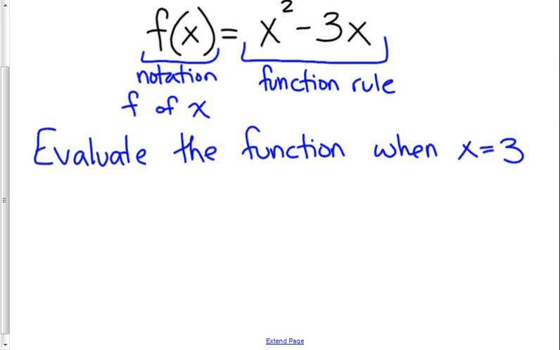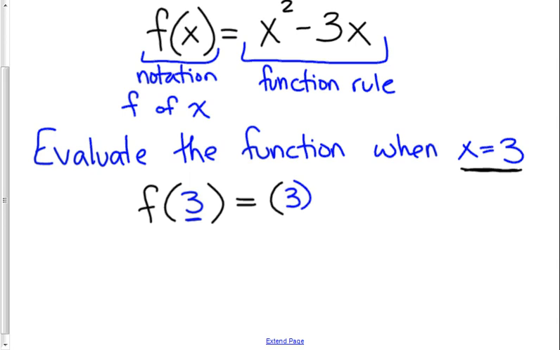So what we're going to do is go back to our function rule and our function notation, and everywhere we see an x, we're going to replace it with the value of 3. Even right here. This is telling the reader that I've got a function f, and I'm putting in 3 for my x values. So everywhere I see an x, I'm going to put in a 3.